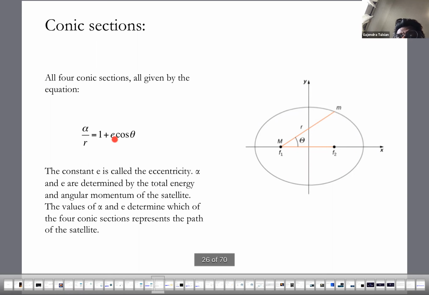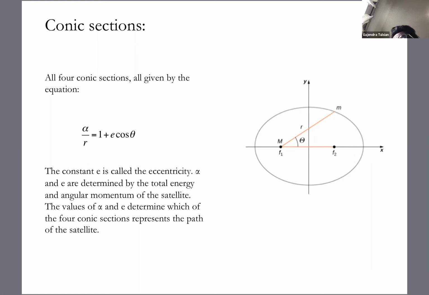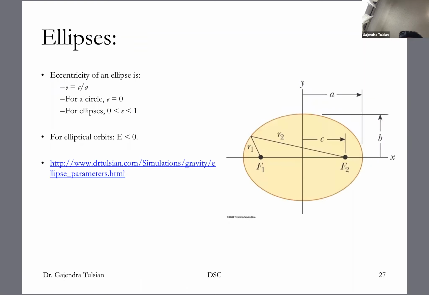E is the eccentricity, and alpha and E are determined by the total energy and angular momentum of the satellite. So alpha is another constant. All right, so planetary orbits are ellipses.